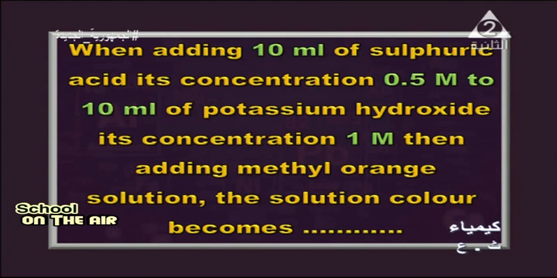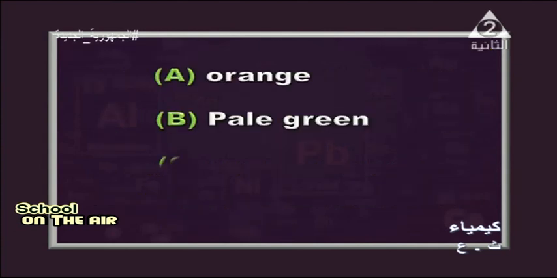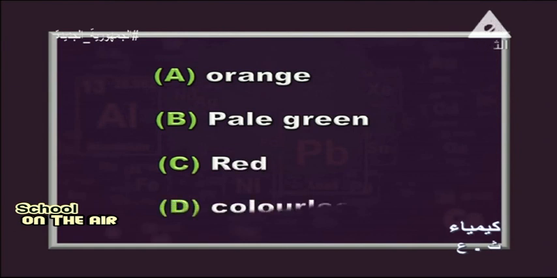So by multiplying concentration times volume, the number of moles of the acid will be less than the number of moles of the base, but the number of moles of hydrogen ions of the acid is twice that of the acid's moles. So the solution here will be neutral. So the solution with methyl orange, in a neutral solution, will be orange, as the number of hydrogen ions equals the number of hydroxide ions.